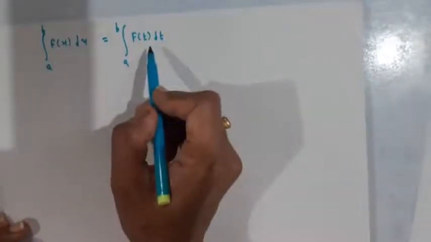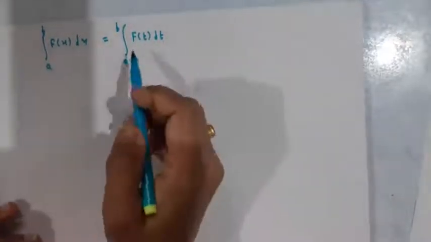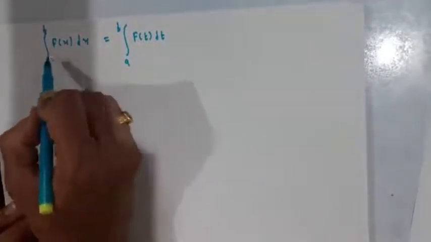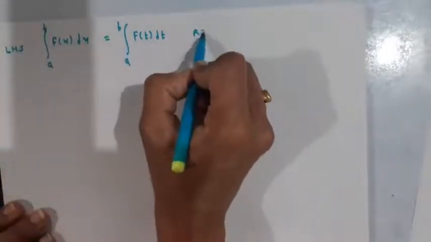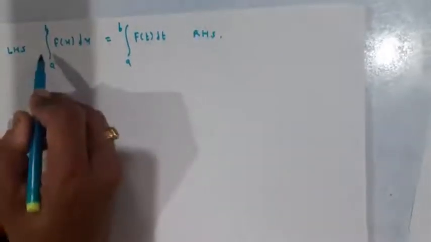That means if we change the variable, it doesn't matter; the value of the definite integration does not change. Both are equal. Okay students, suppose this is LHS and suppose this is RHS. So let us solve the LHS.